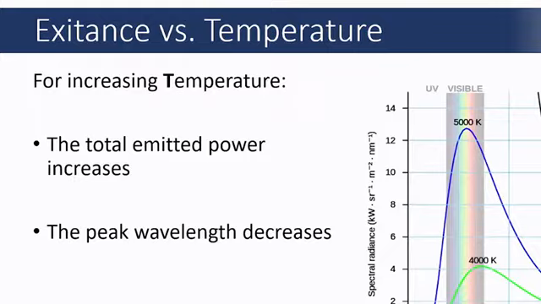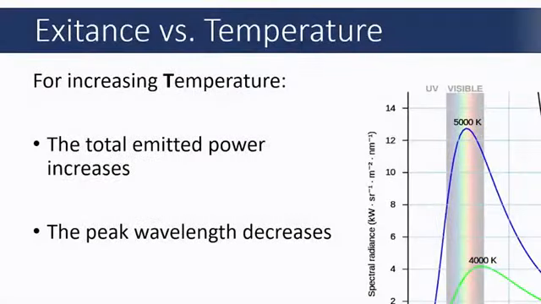And the peak is higher for higher temperature, and it can grow. So if you increase the temperature, you can start getting a significant emission even in the visible range. So at room temperature, this curve is so low, so displaced to the left, that we don't see any spontaneous emission with our own eyes.